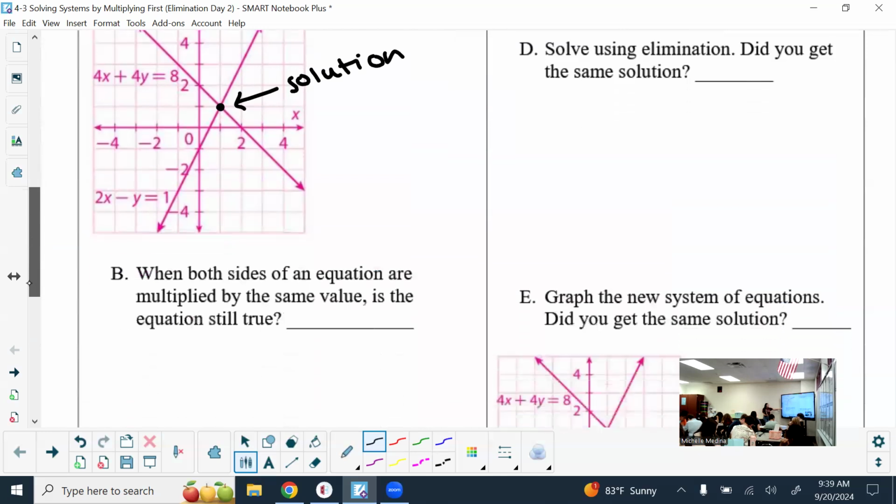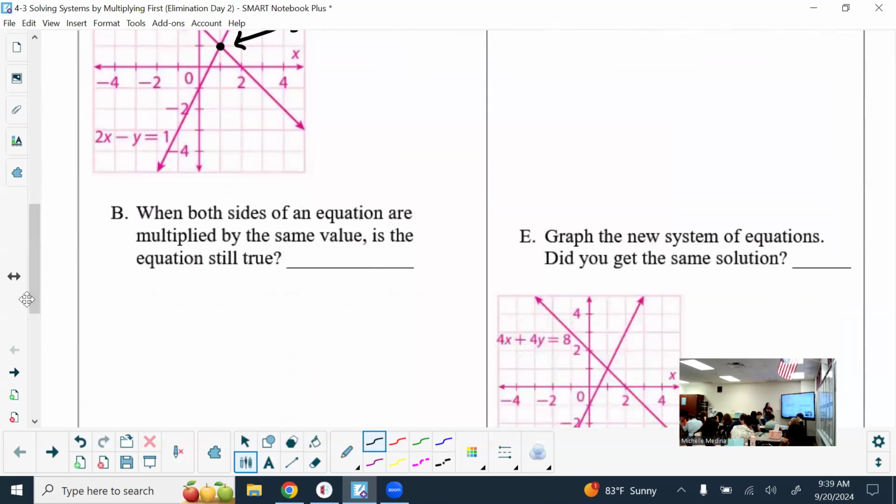Now, when both sides of an equation are multiplied by the same value, it's the same sign. If I were to multiply both sides of an equation by the same value, is it still true?